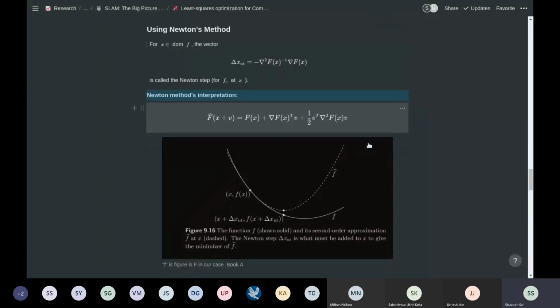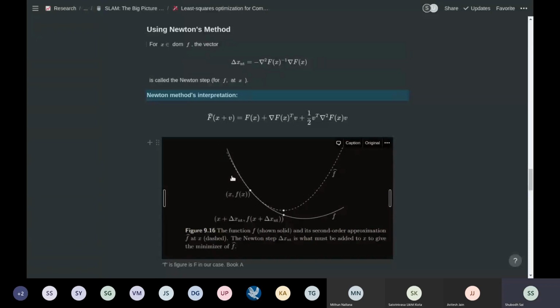Now, as it is locally quadratic, I want to take a derivative of it and then equate that to 0 in order to reach my minima. An intuitive way of looking at it would be, let's say your function is something like this, and the quadratic approximation is this.